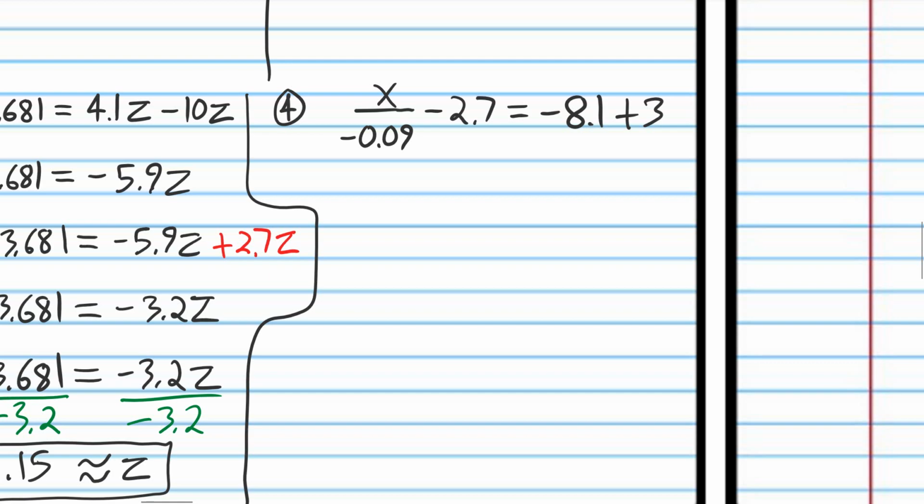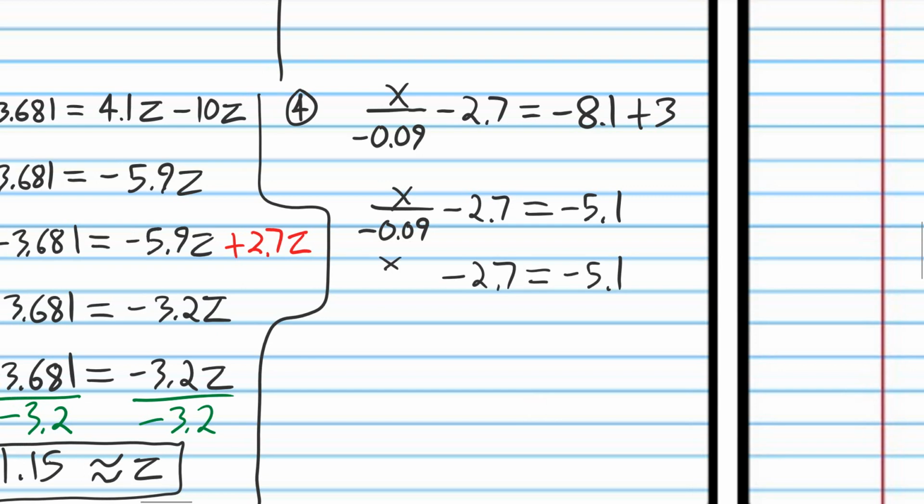All right, so now why don't you try number 4, and when you come back, we'll do it together. All right, we're back. So I simplified the right side of the equation. And I'm just rewriting because we're about to perform an operation on both sides of the equation.